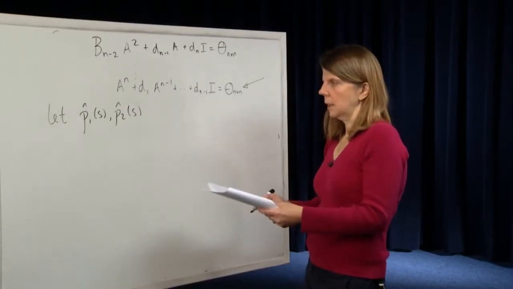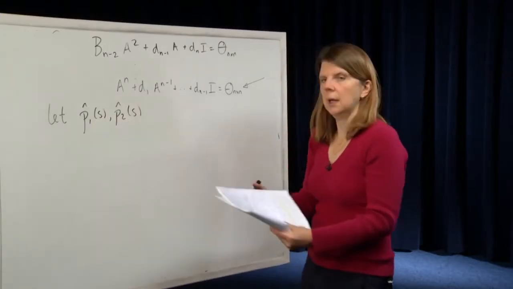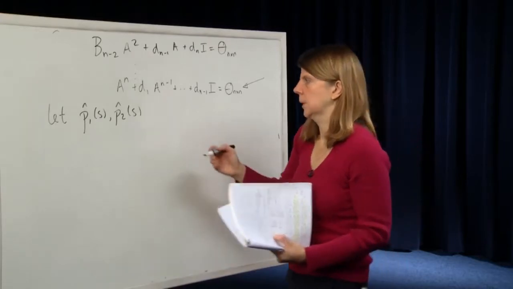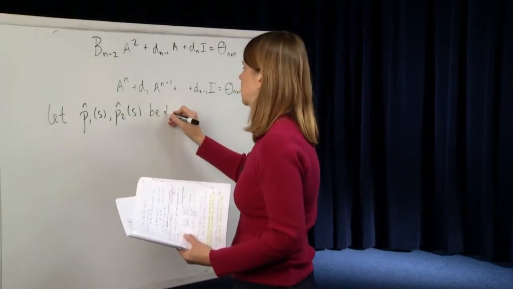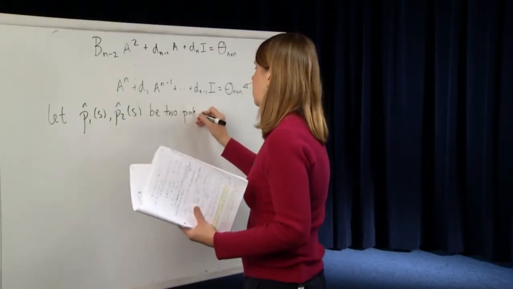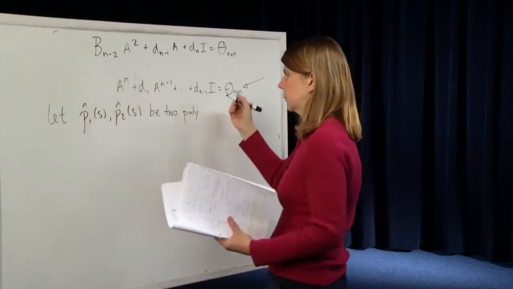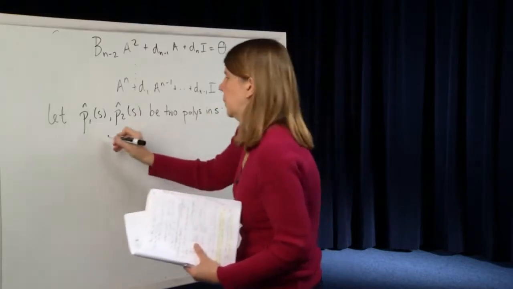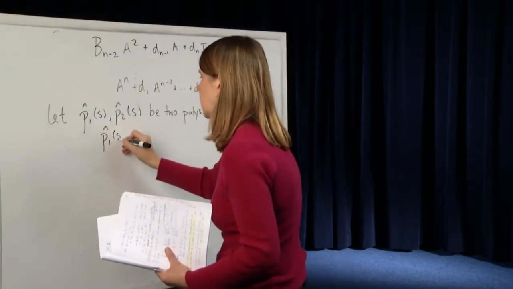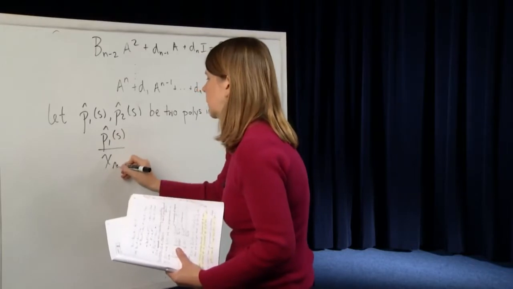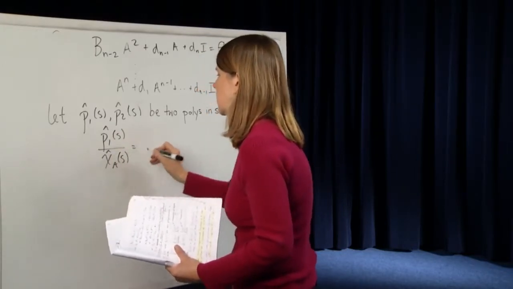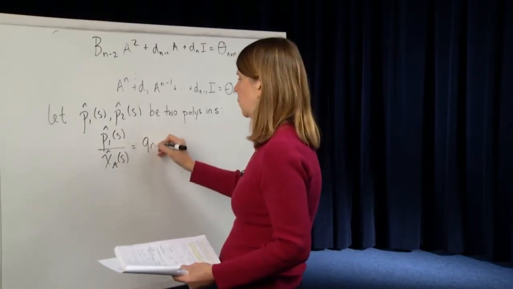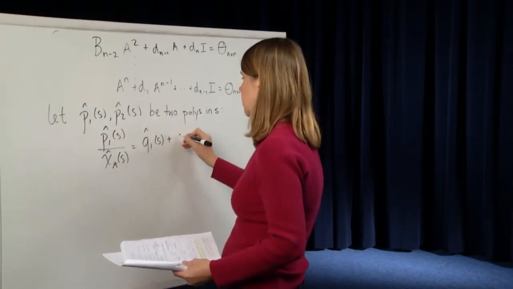And let's take each of those polynomials and divide through by the characteristic polynomial of the matrix A. These are two polynomials, and I don't care about their degree. It could be less than n or greater than n. But I'm going to take each of them and divide through by the characteristic polynomial of the matrix A, and write that division as some quotient plus some remainder.